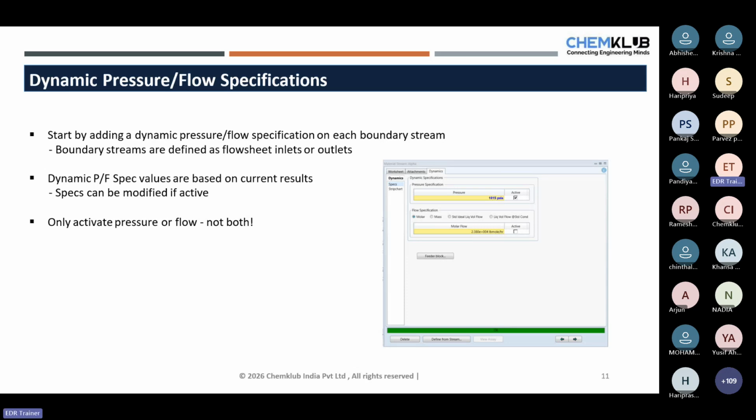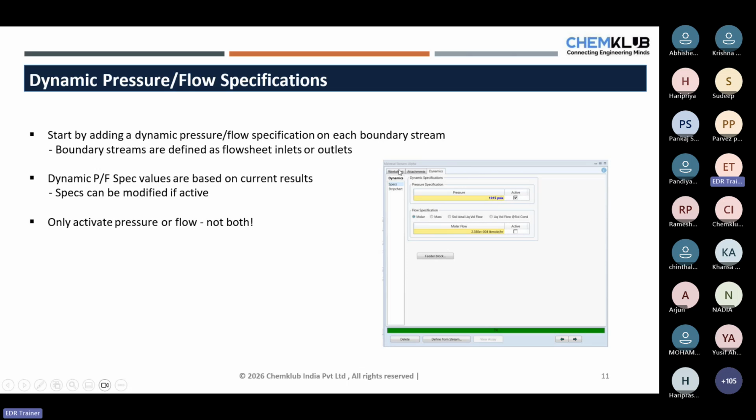Now, next is the dynamic pressure and flow specification. So the first step in converting any model to dynamic is to add a dynamic pressure or flow specification on each boundary stream. I'll show you where you see all these windows and other things.